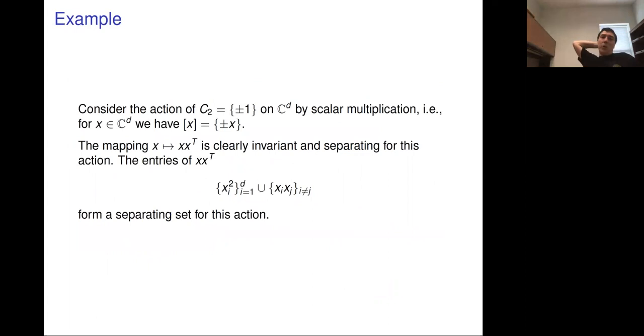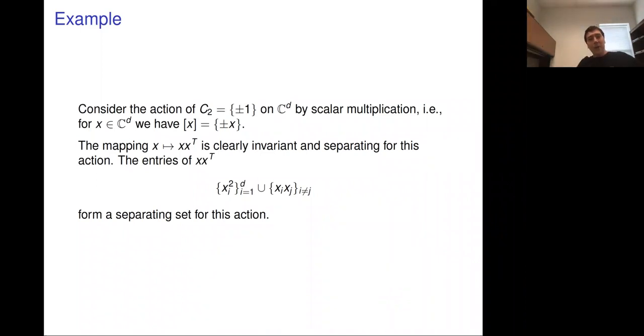Just as a quick example, let's consider the cyclic group of order 2, which I want to think of as plus and minus 1 with the operation of multiplication, acting on C^d by scalar multiplication. That means the orbit of a vector x is just x and minus x.